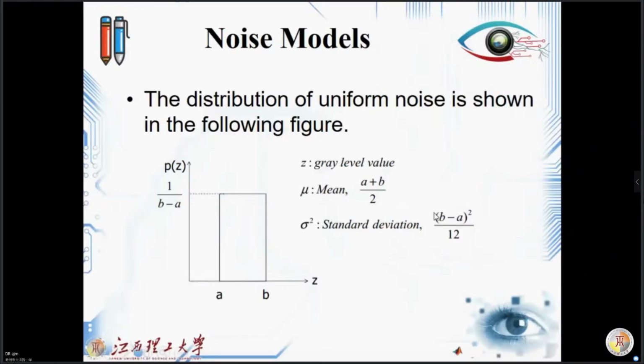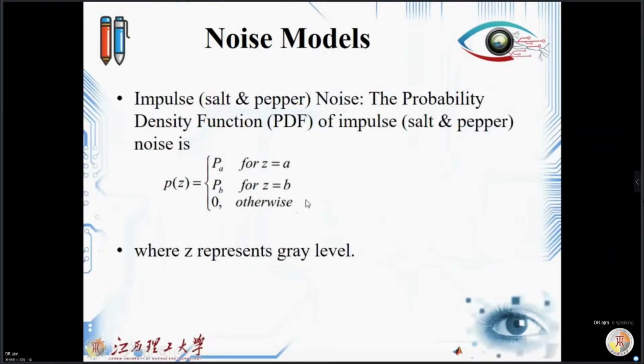Impulse or salt and pepper noise, which is very useful especially for our topic, is the other form of noise. And something that I should tell you: sometimes when people use any picture, they will try to generate noise, especially for image processing jobs.